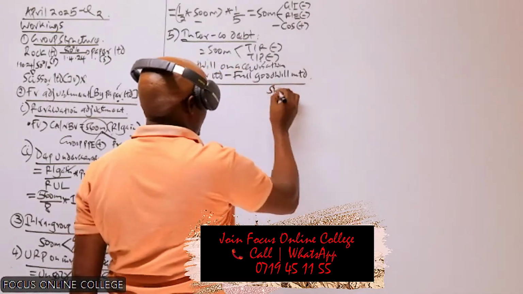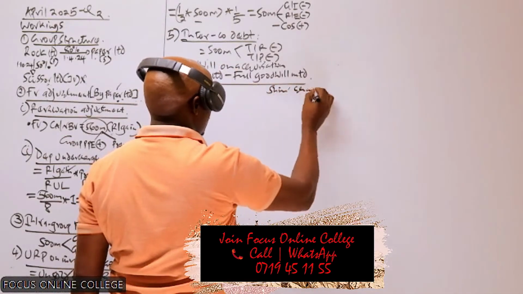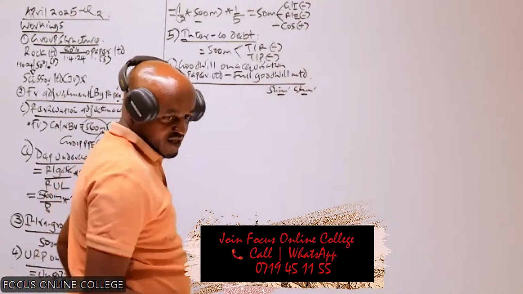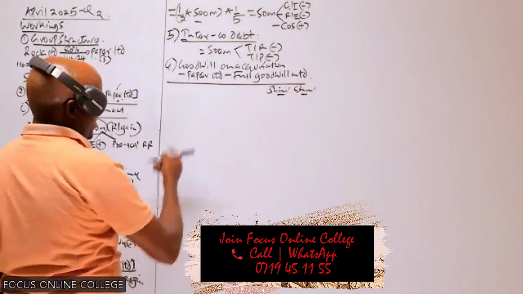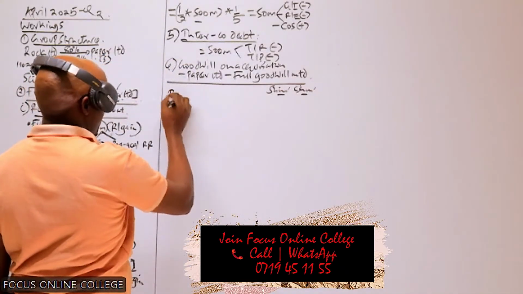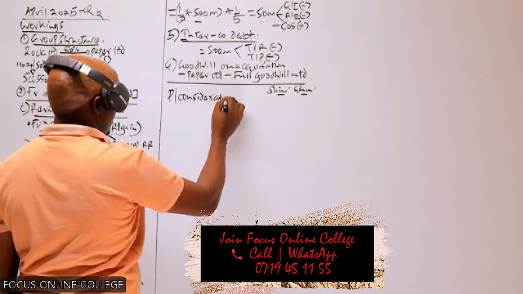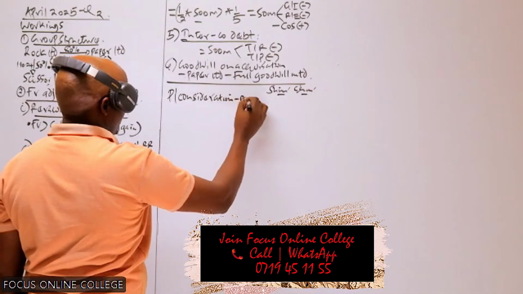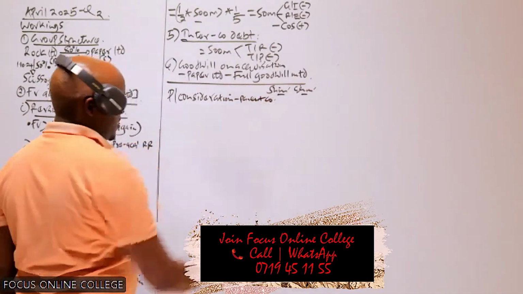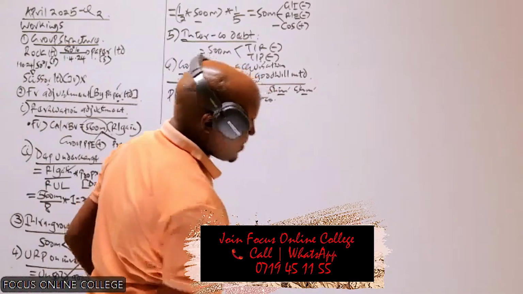So here we need to have 2 columns, and our figures are in millions of shillings. I hope you can remember how we compute the goodwill using the full goodwill method. We start with the purchase consideration paid by the parent company.